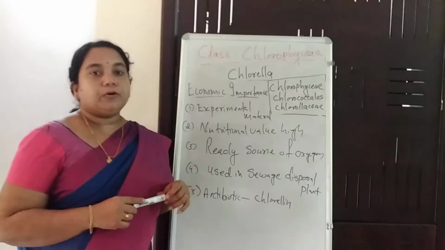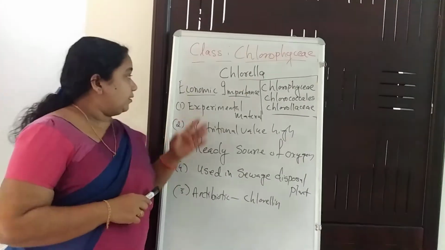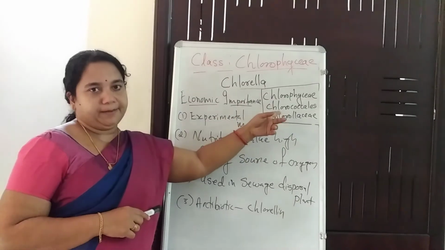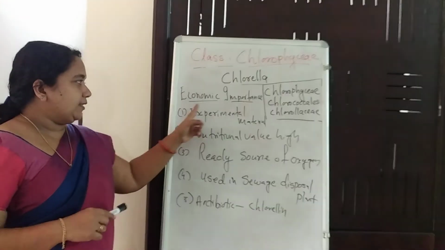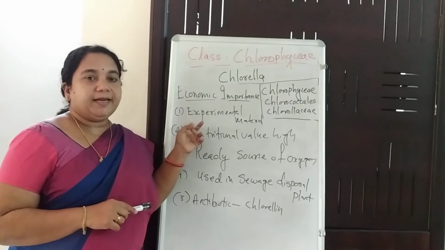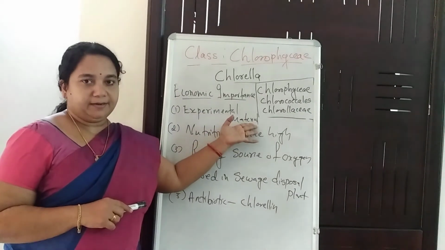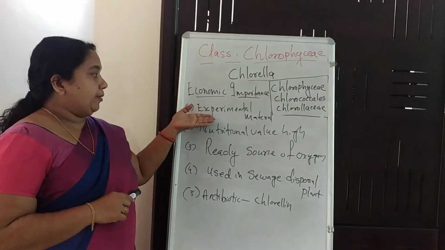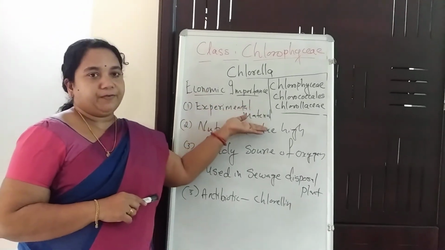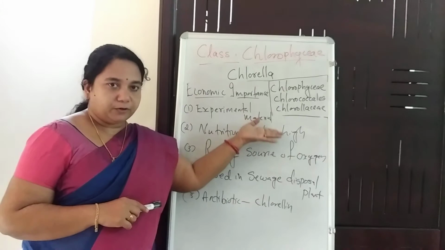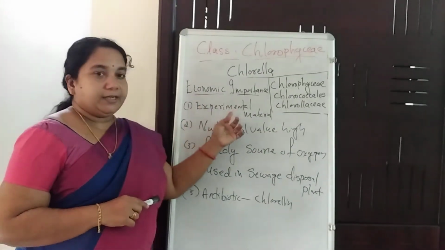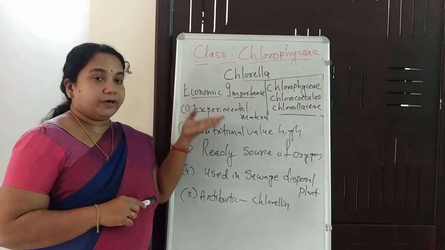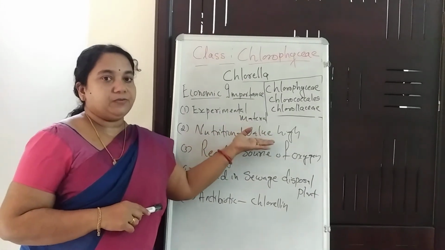Okay. So now we are going to deal with the economic importance of Chlorella. First, Chlorella is used as an experimental material. Students, we all know that the Chlorella experiment is used to identify the release of oxygen during photosynthesis. So Chlorella is used as an experimental material, and also it has a high nutritive value.